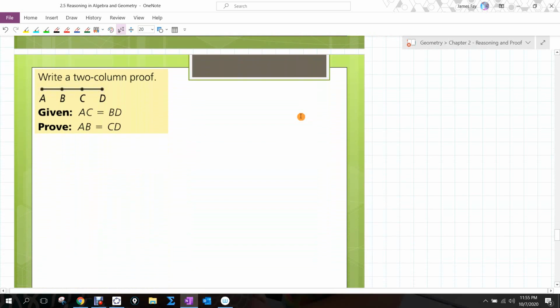This is really the same type of proof, okay, and we'll do the whole thing here. But they're saying, given this picture, if you know distance AC is the same thing as BD, can you prove that AB is equal to CD?